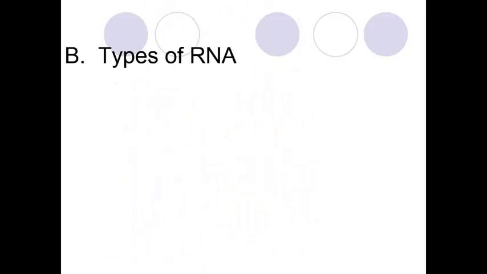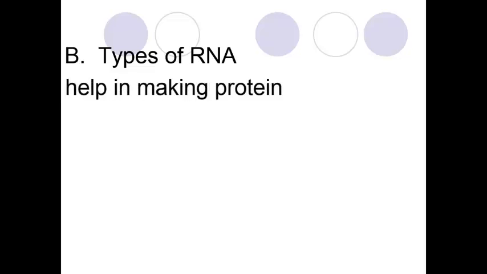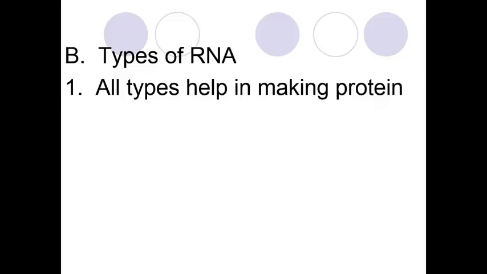Now, looking at the types of RNA that we have, there are actually 3 different types, and each one helps to make a protein. So when you're asked what do they all have in common, they all help in making a protein. Now they each have a different job, just like you can have several different people on a team, a baseball team for instance.